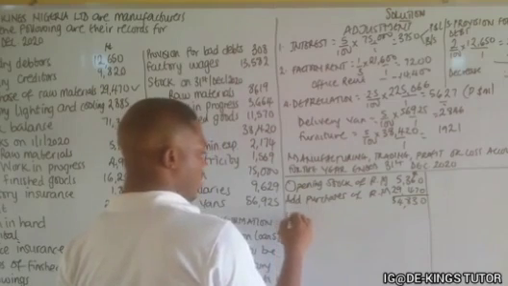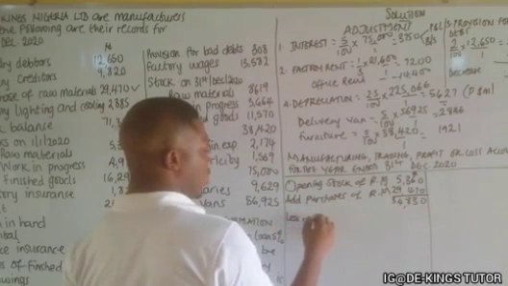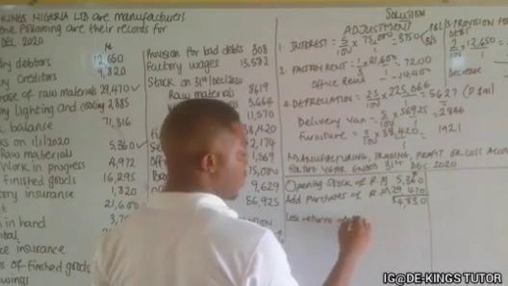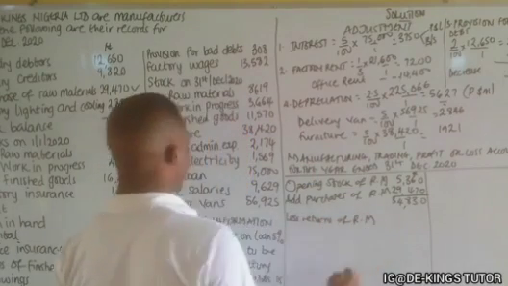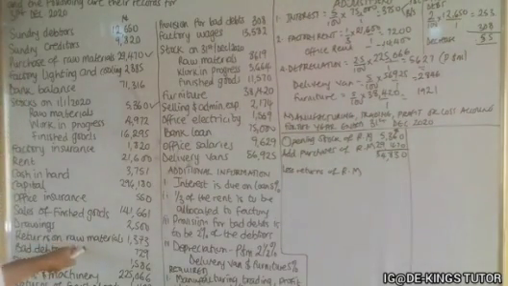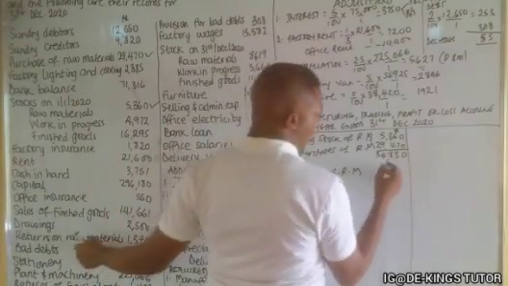The next one, let's check if there's return outward. So we have returns here of raw materials as 1373. So we are returning, we are lessening it.